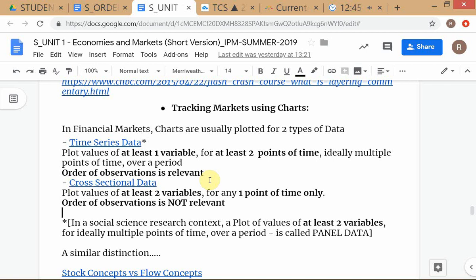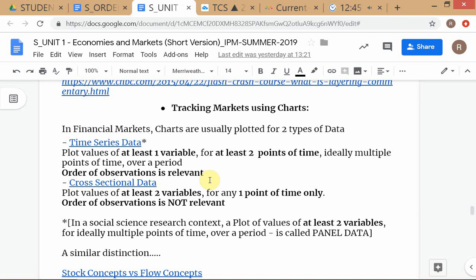In cross-sectional data you have at least one point of time, but here you have at least one variable for at least 2 points of time, because if you have only one point of time, then you don't have time series data, as there's no series. When you understand the name, it's clear. So there has to be at least 2 data points, otherwise there's no series. Even 2 data points technically is a series, although we don't normally plot only 2 data points.